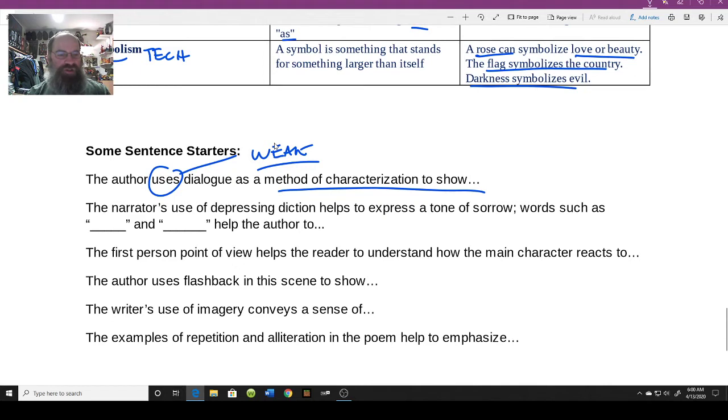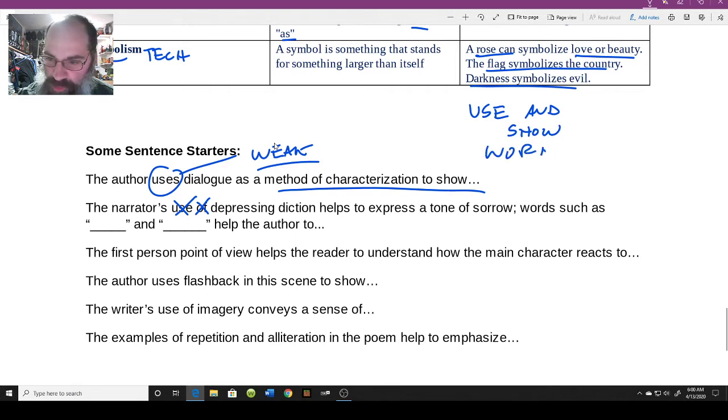All right, the narrator's use of depressing diction. So you could just get rid of that. The narrator's depressing diction helps to express a tone of sorrow. Doesn't that sound better? But if you want, at this point, use and show. They work. You have 45 minutes.